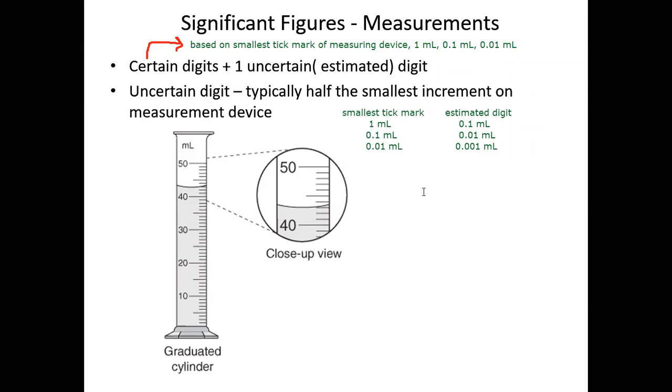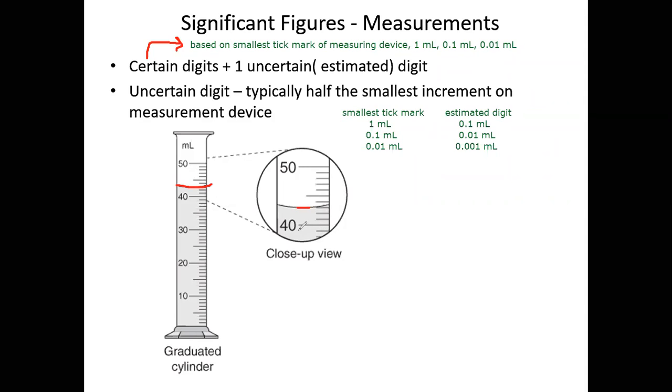So you have to look at your measuring device, determine the smallest tick mark, and then you'll move one place to the right. So if it's in the ones place, you go to the 0.1 place. That's going to be your estimated digit. So now if we look at this graduated cylinder, when you pour liquid into a graduated cylinder, it forms a curved surface. You read the measurement at the minimum of the curved surface.